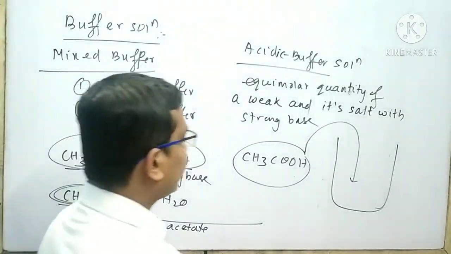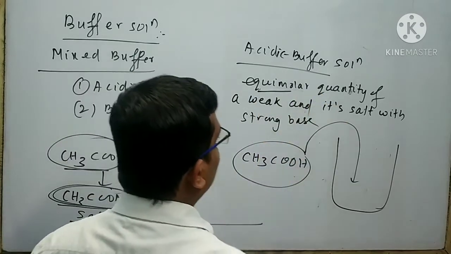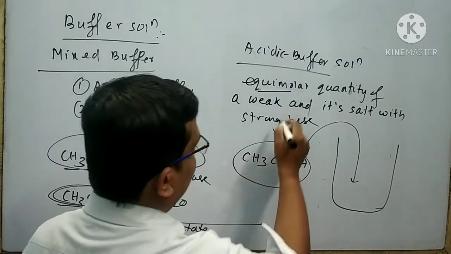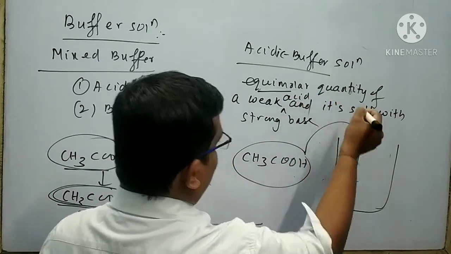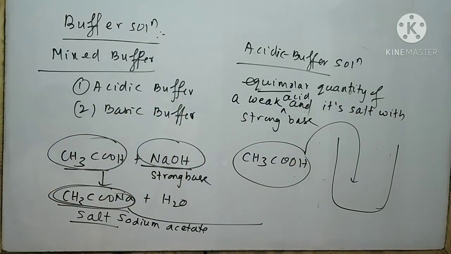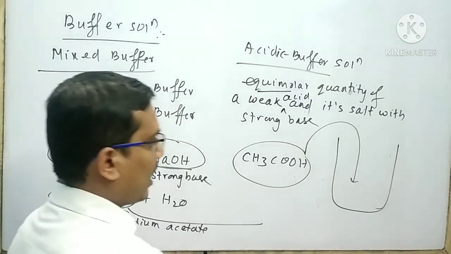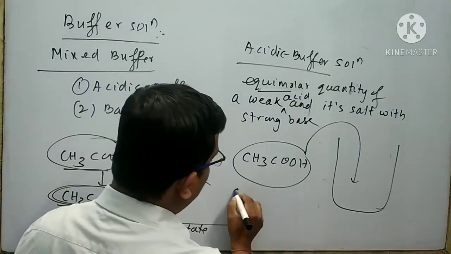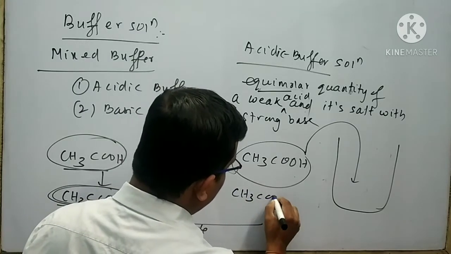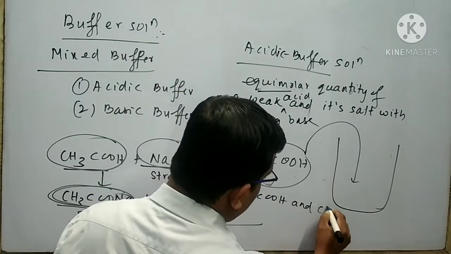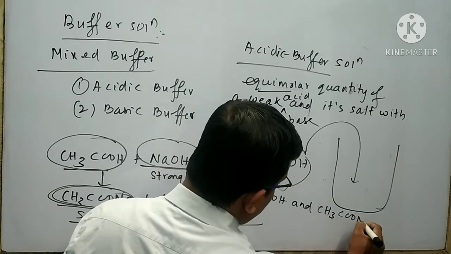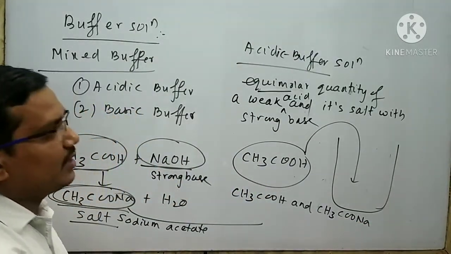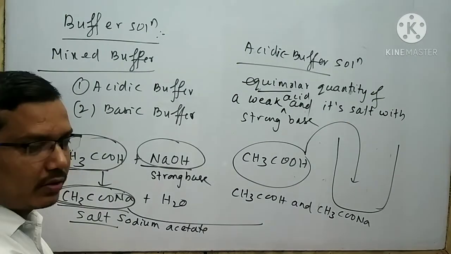But remember, here equimolar quantities of weak acid and its salt with a strong base are taken. That means equimolar quantities of acetic acid and sodium acetate are able to form an acidic buffer solution.